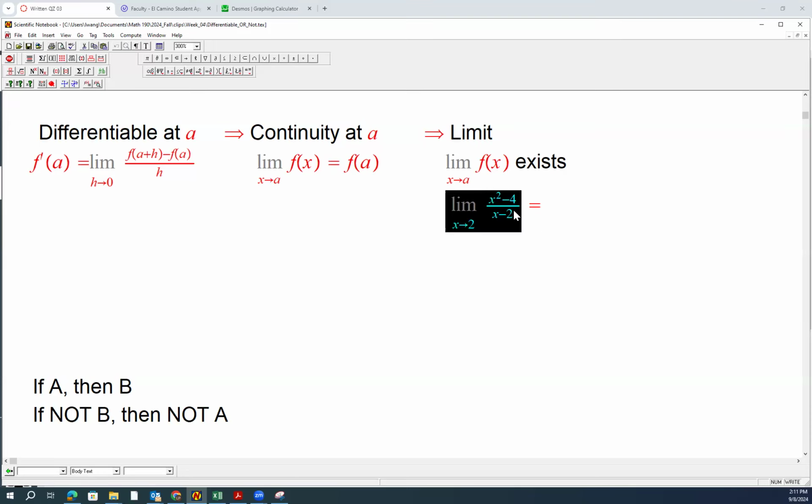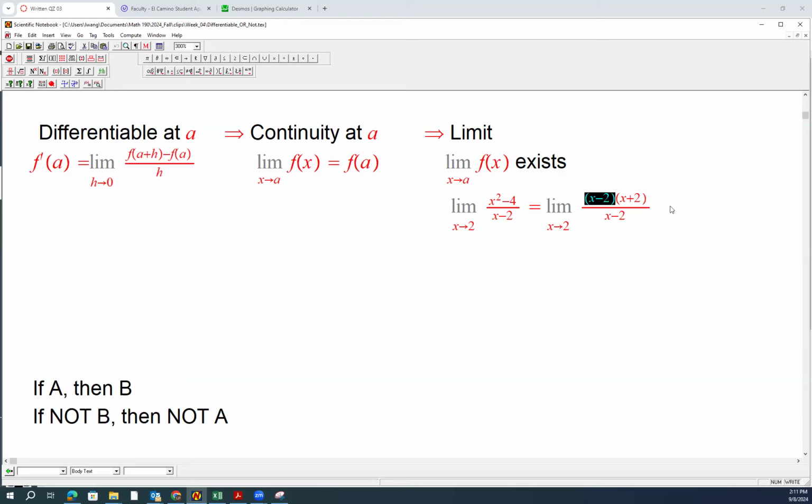We have learned techniques to find such a limit, which is to factor the top. Because x approaches 2, it's not equal to 2, so x minus 2 is not 0, and this reduces to the limit of x plus 2.